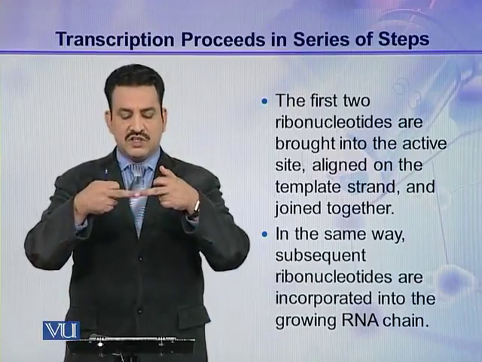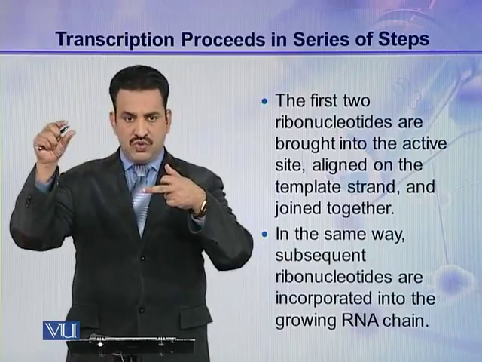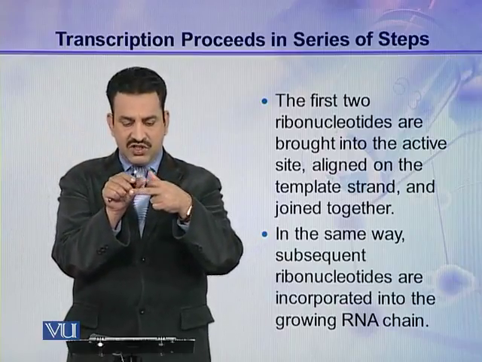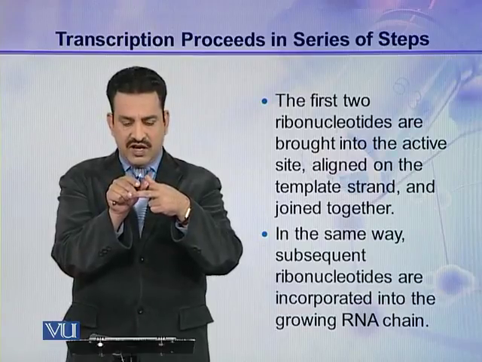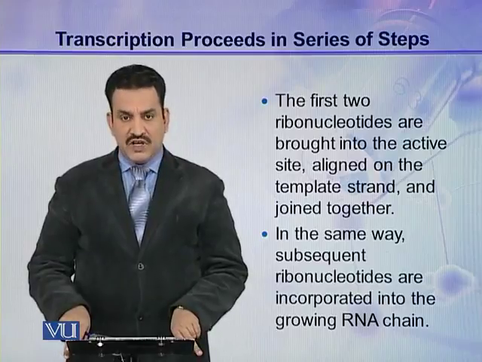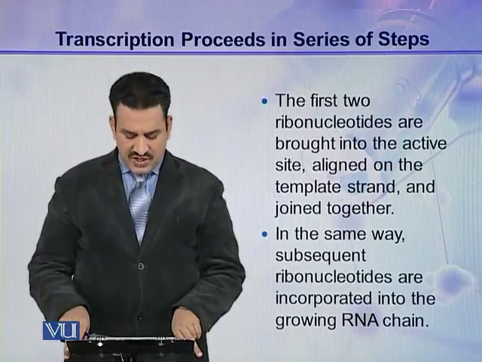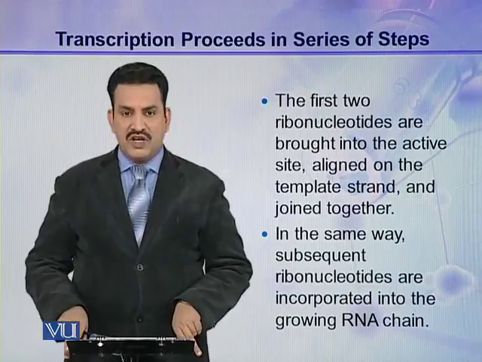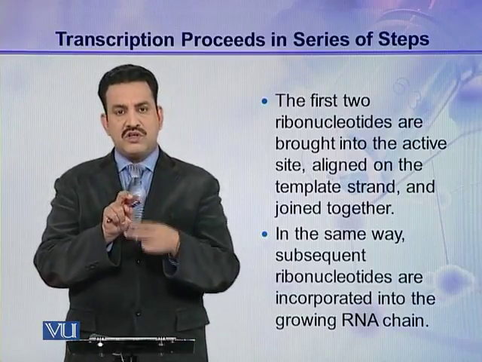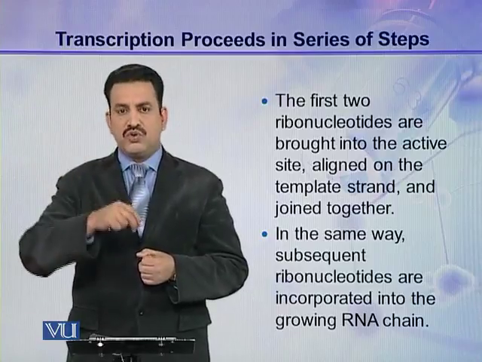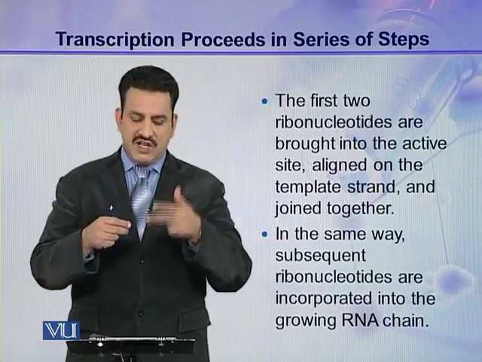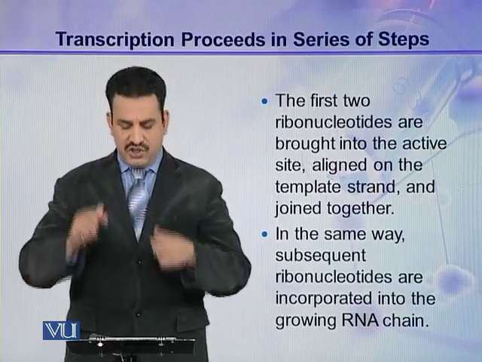So if this is the template strand, two ribonucleotides come here, they align across this template, they join together, and they stay here. In the same way, subsequent ribonucleotides are incorporated into the growing RNA chain. So after the joining of these first two nucleotides, new nucleotides keep on entering, and they keep on joining with the existing RNA chain.